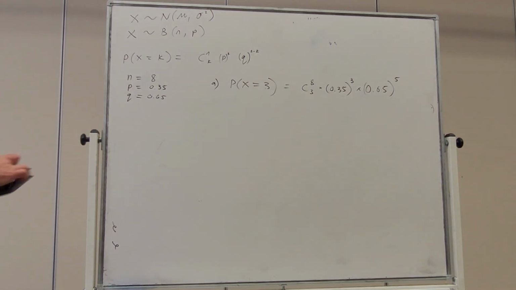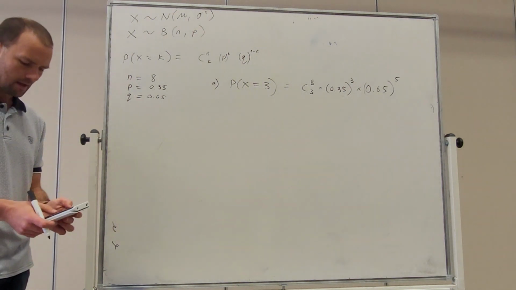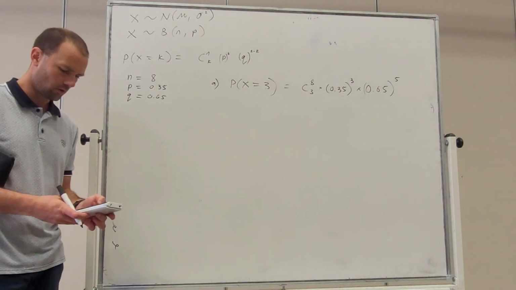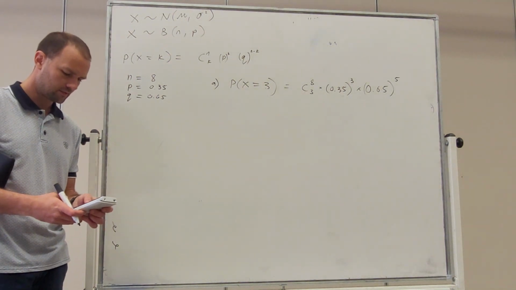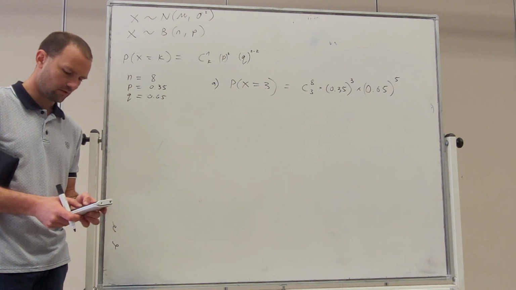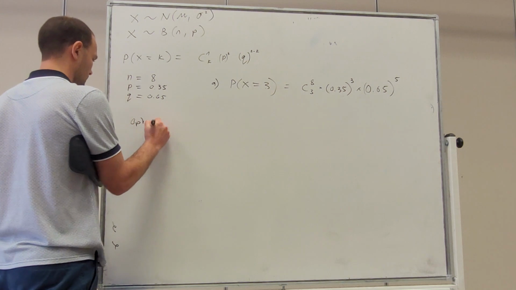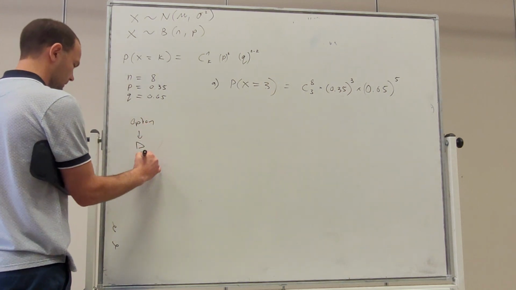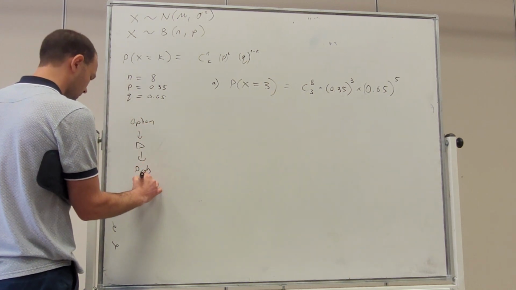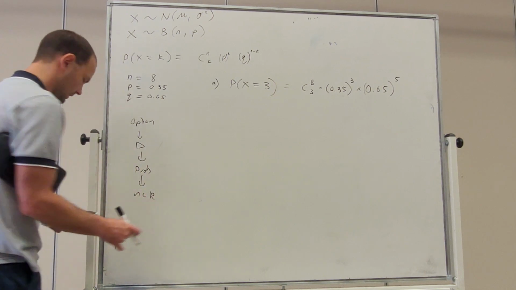Now, just to remind you how we bring up C, it's in Run-Matrix, and we go Option across, I'll write it down. Option across, Prob, and we've got nCr.